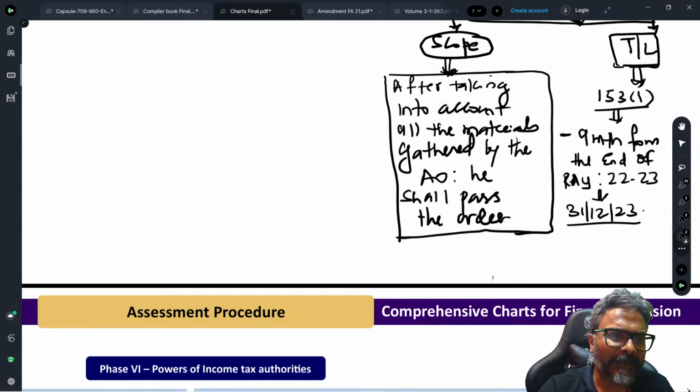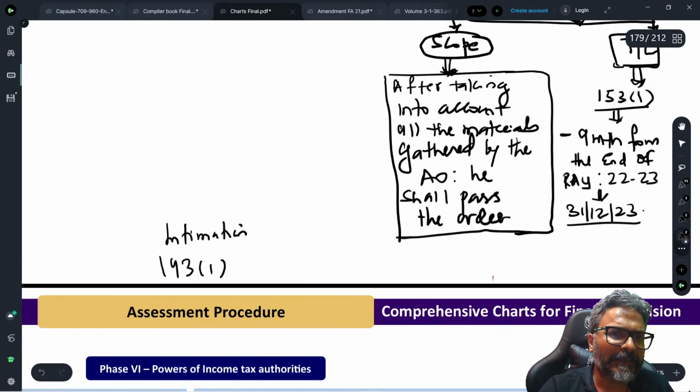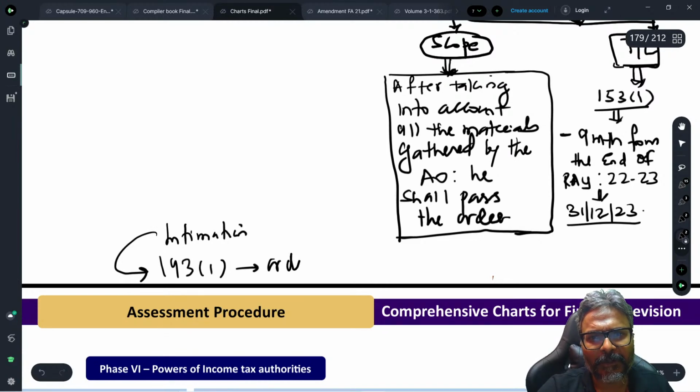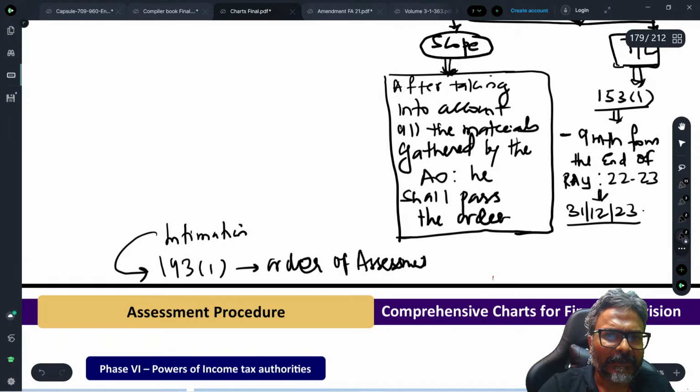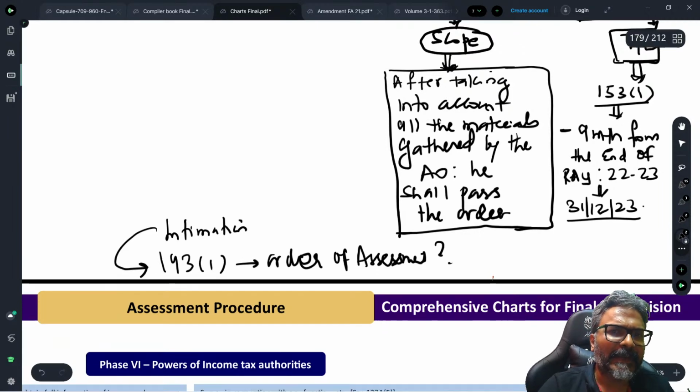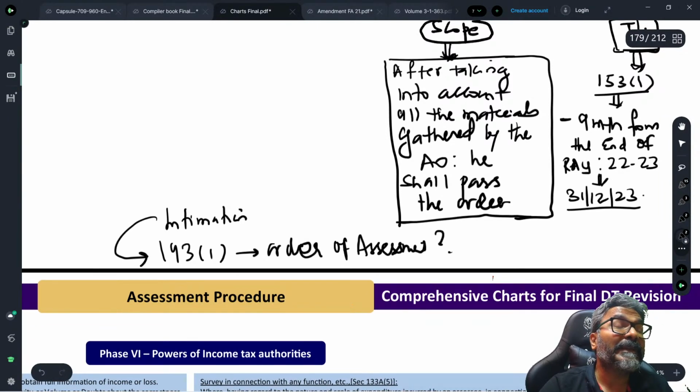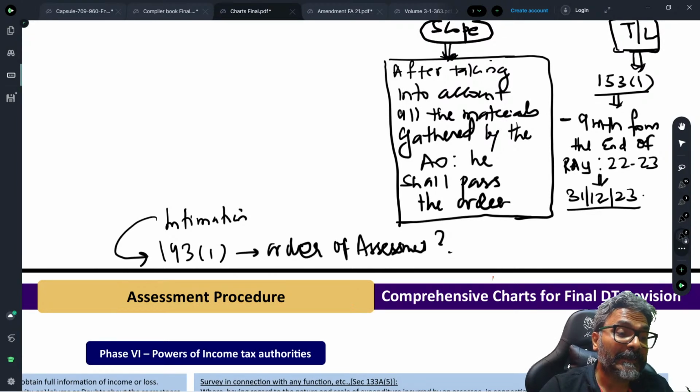One very popular question is whether the intimation of 143.1 can be considered to be an order of assessment. This is a very popular question of the ICAI.